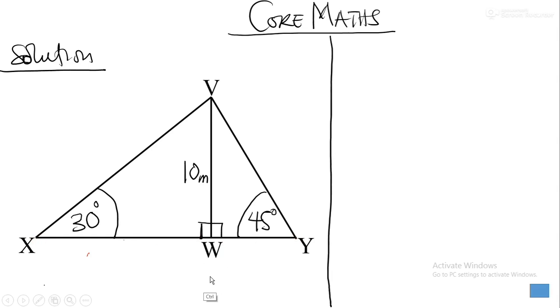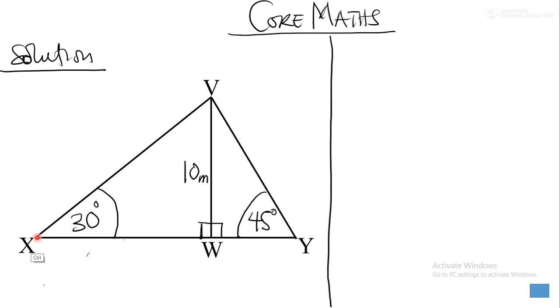Now looking at the diagram carefully, you realize that to get the distance from point X to point Y, we have to add the distance XW to the distance WY. Let me take it again.